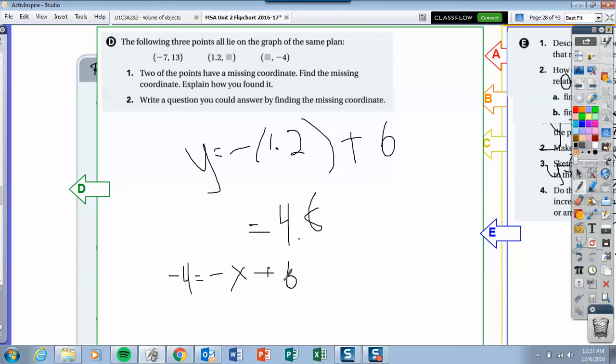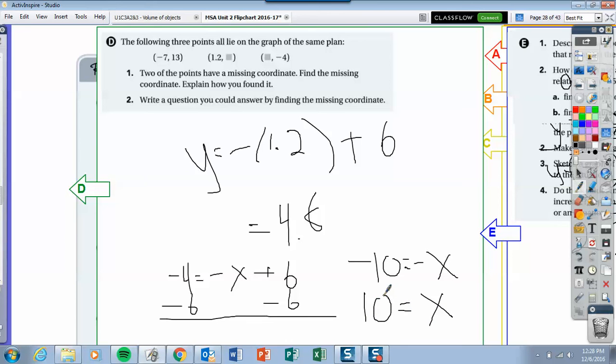All right, we're going to subtract 6 from both sides. I'm going to subtract 6 over here. This over here, -4 minus 6 gives me a -10, is equal to a -x, which means that x is equal to 10. So does that fit with my graph?